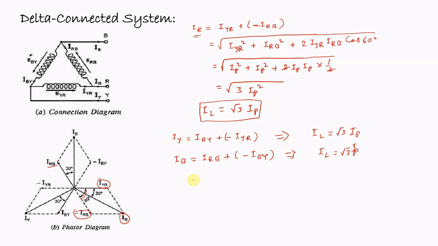So this is the relations between the line current and the phase current of a delta connected system.